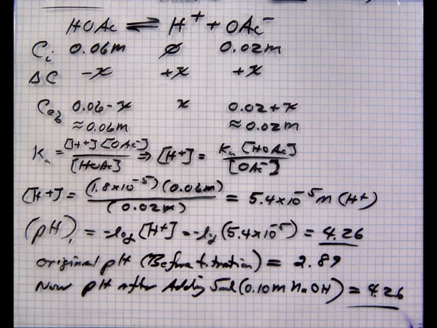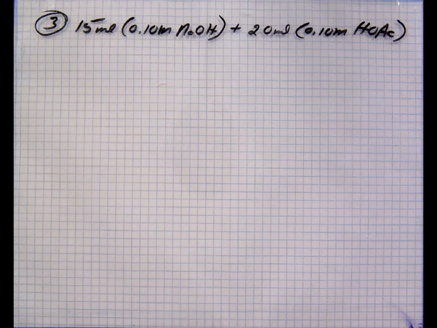So now we want to make another calculation, a second calculation in the titration, where we'll add, say, 15 milliliters. We can do 10, 15. We'll go to 15 milliliters this time instead of just 10. Okay, so here we have 15 milliliters of 0.1 molar sodium hydroxide added into 20 milliliters of 0.1 molar HOAc.